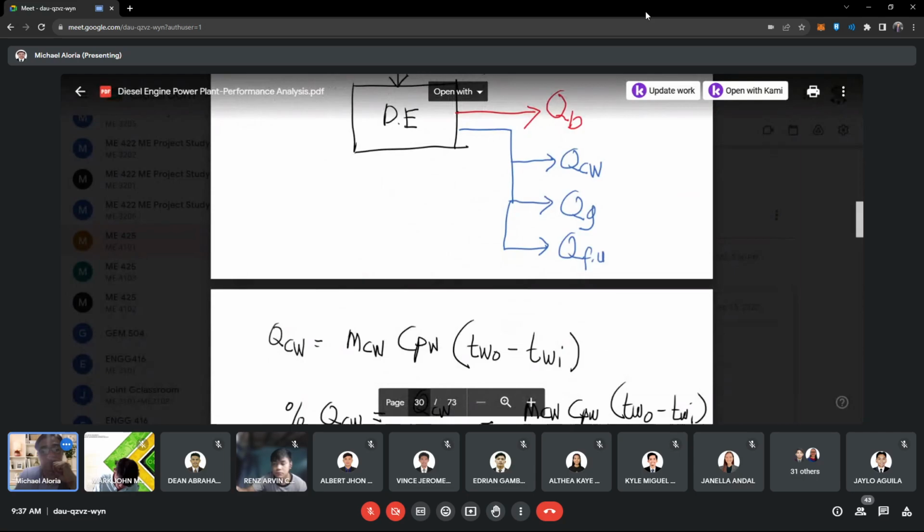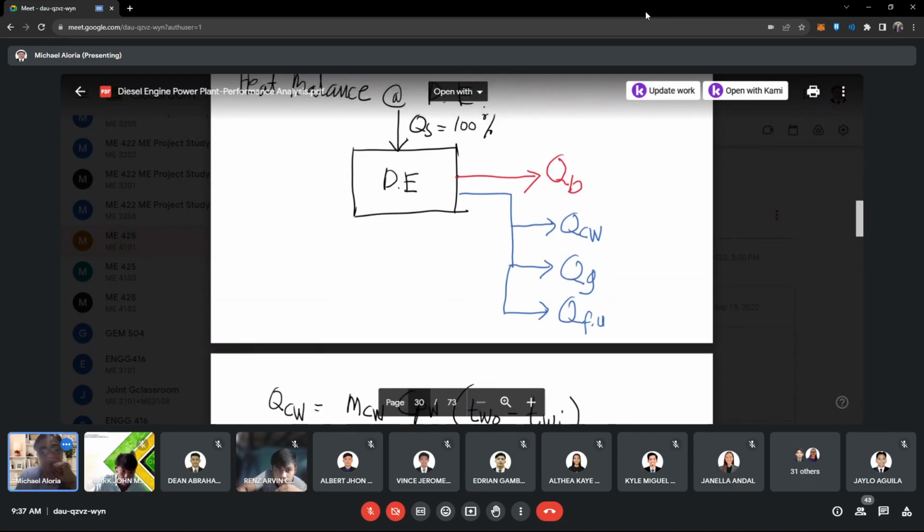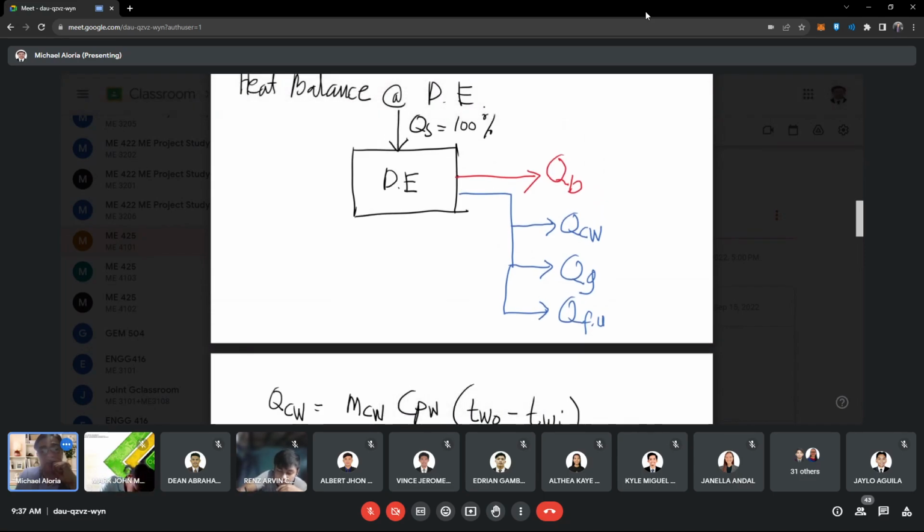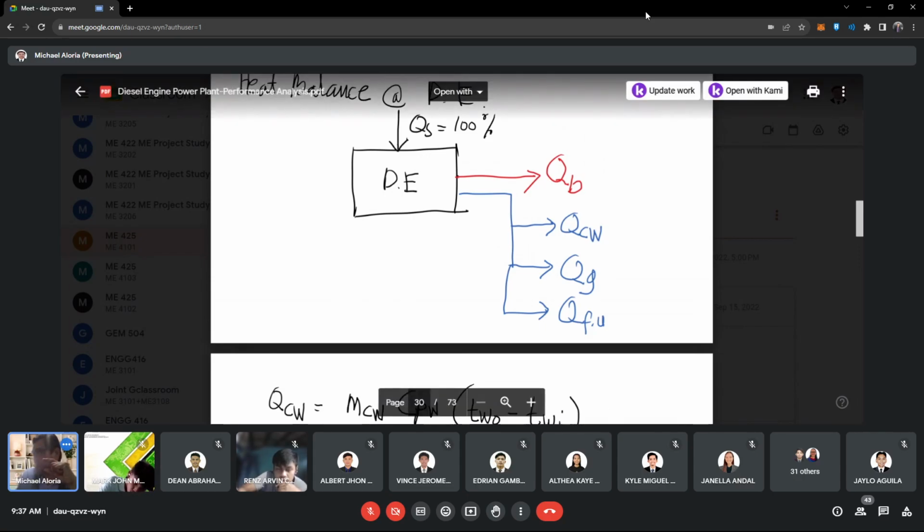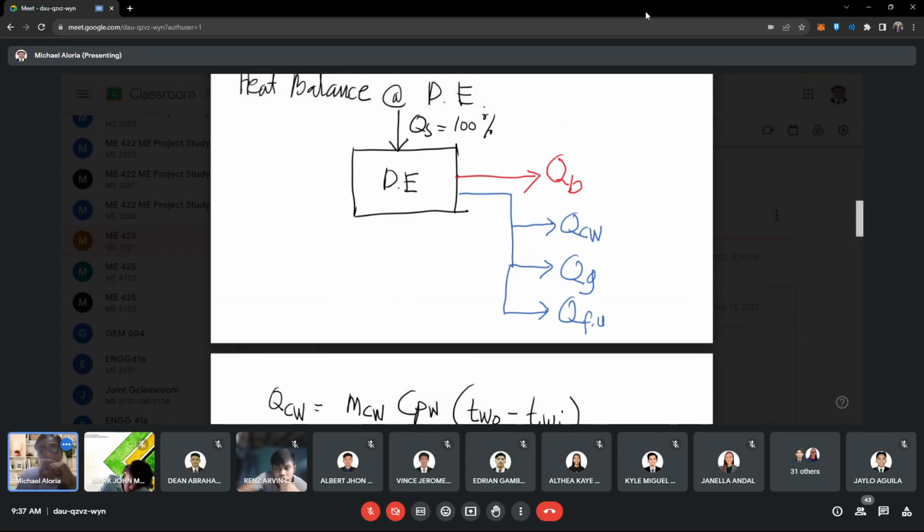Maliit lang yung napuproduce nating brake power or brake thermal efficiency. Usually at most is 34% kapag diesel cycle, and the remaining 66% are basically losses, na di-distribute sa cooling water, sa exhaust gas, and then sa friction, radiation, and other unaccounted losses.